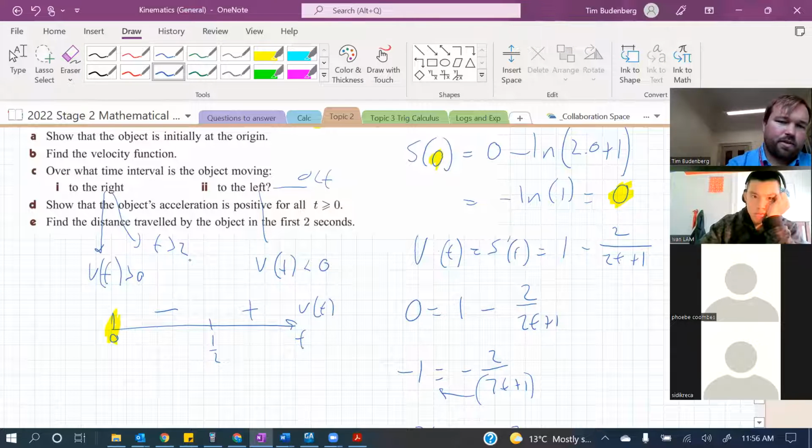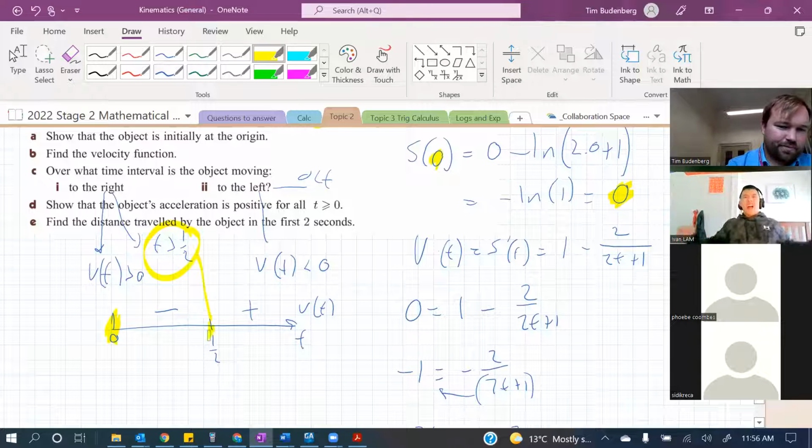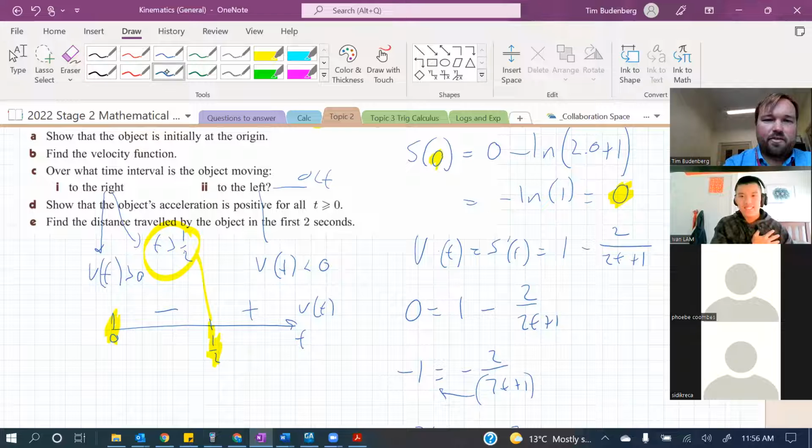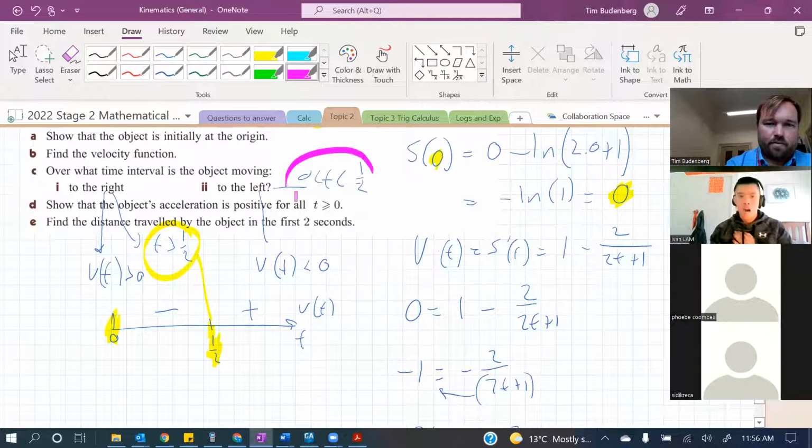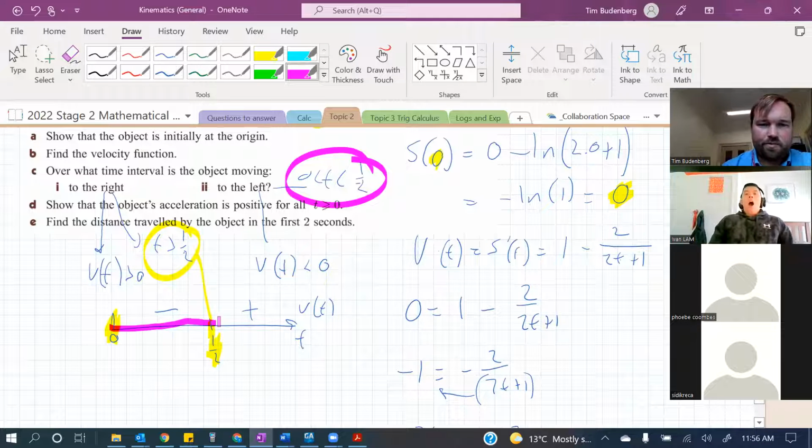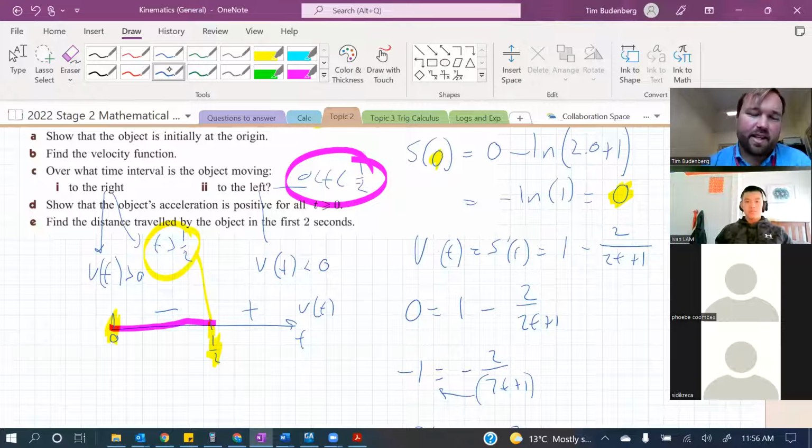Greater than 2. Not 2. A half. Sorry, everybody. So when it's negative, it's going to the left, positive going to the right.